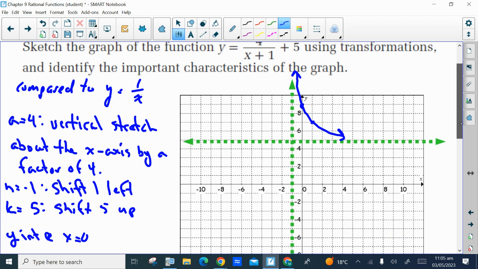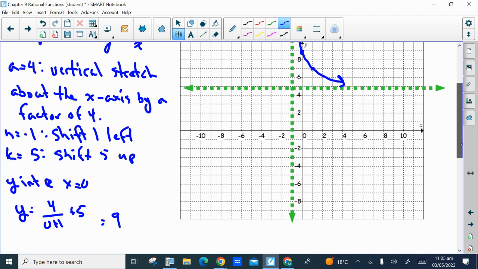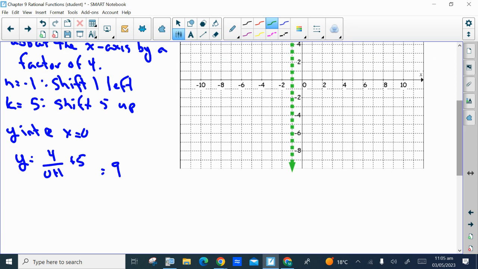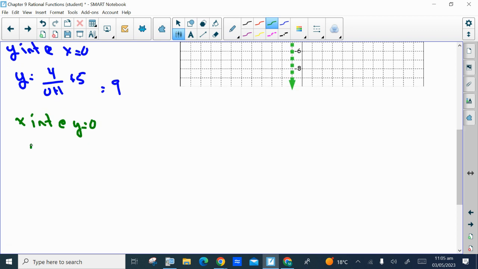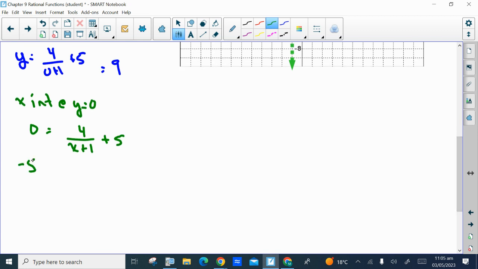The other branch is where our x-intercept will be. Our x-intercept is where y equals 0. So that'll be where 0 equals 4 over x plus 1 plus 5. Subtracting 5 from both sides, you'll get -5 on the left. If you multiply both sides by x plus 1, that'll get rid of the x plus 1 on the left.